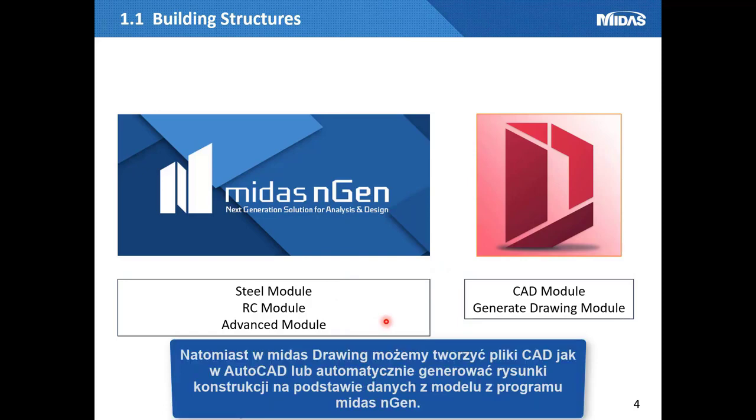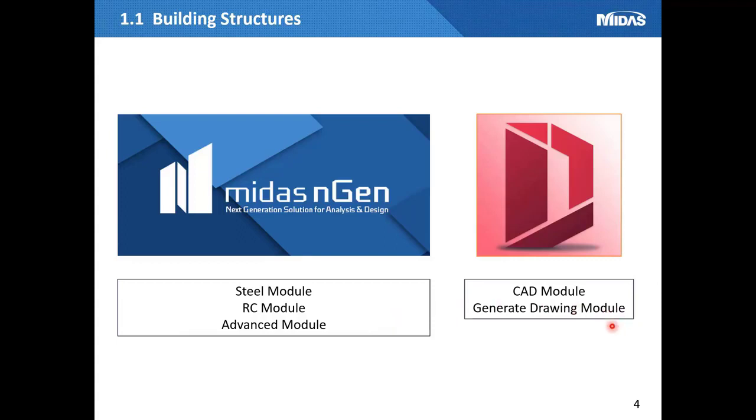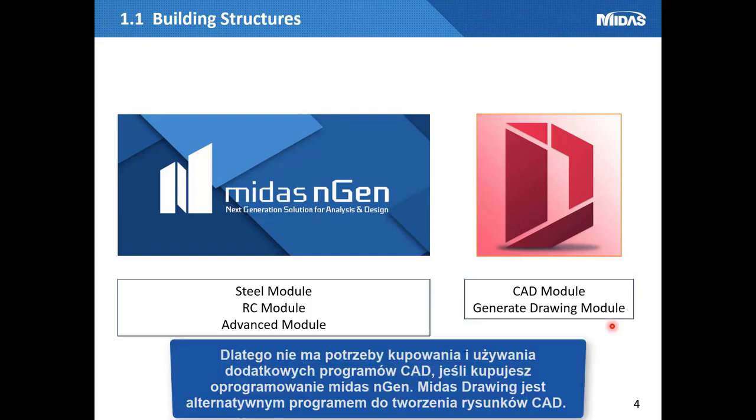The second is Midas drawing, which works like CAD, such as AutoCAD, or can automatically generate structure drawings by recognizing nGen information. Therefore, there is no need to buy and use CAD programs if you purchase Midas nGen software. Midas drawing is an alternative CAD, and information CAD is possible at the same time.